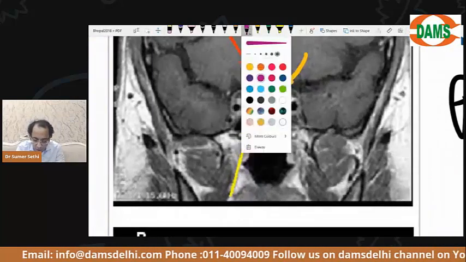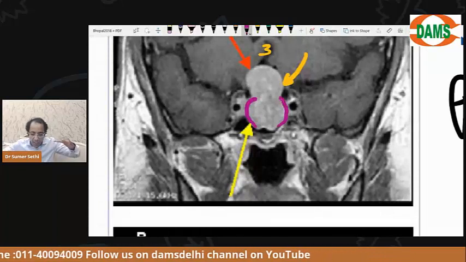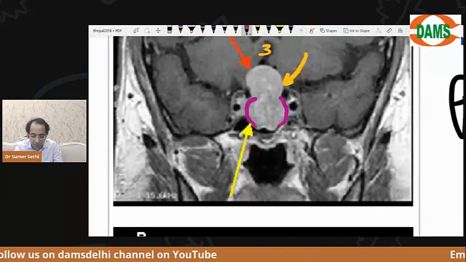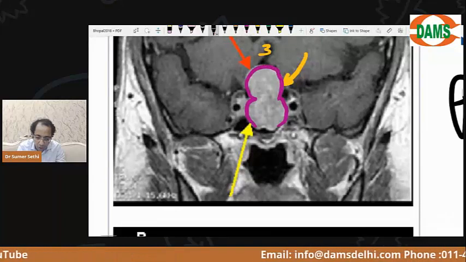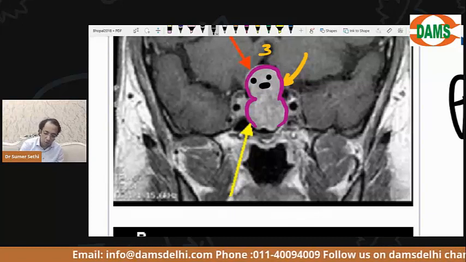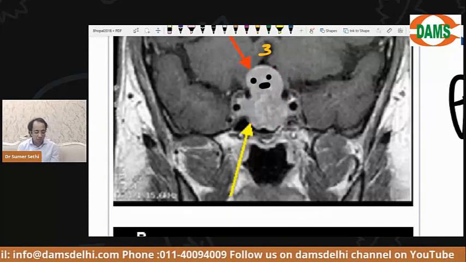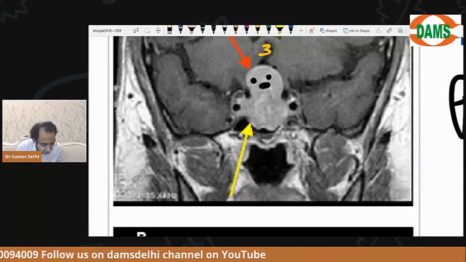Look, this is how the tumor is growing. But then it gets indented by the dura, by the diaphragma sellae, giving rise to the figure of 8 appearance, or we can call it snowman appearance, or we can call it cottage loaf appearance. Everybody understands this? Interesting to know.